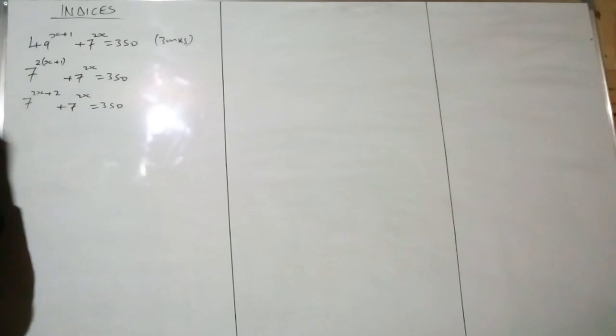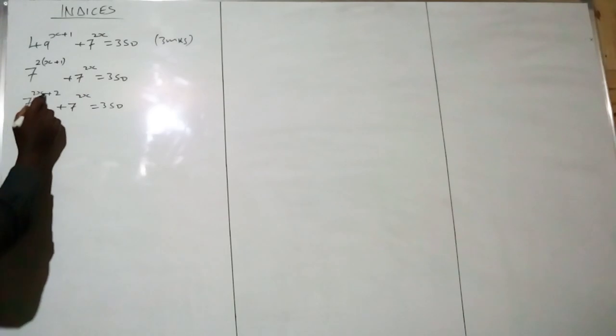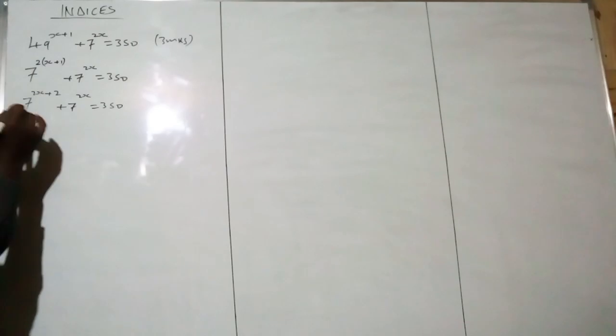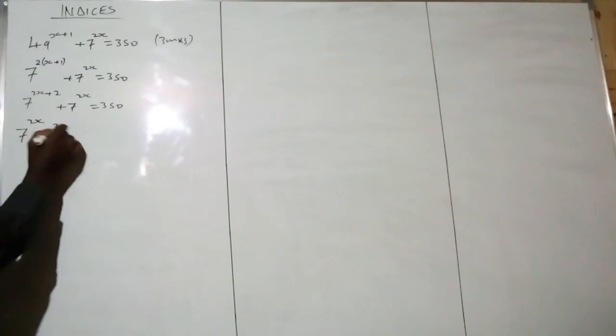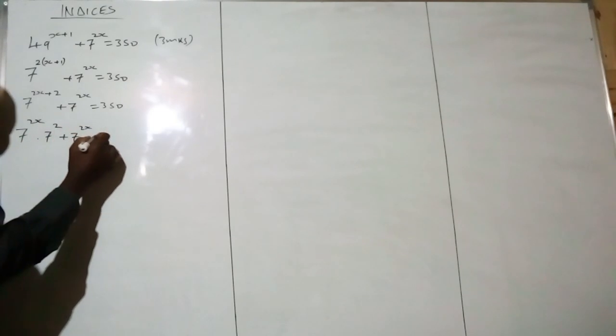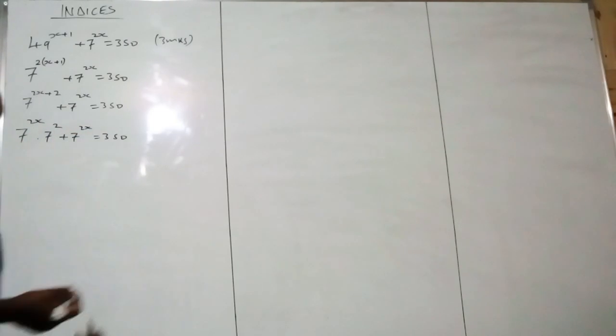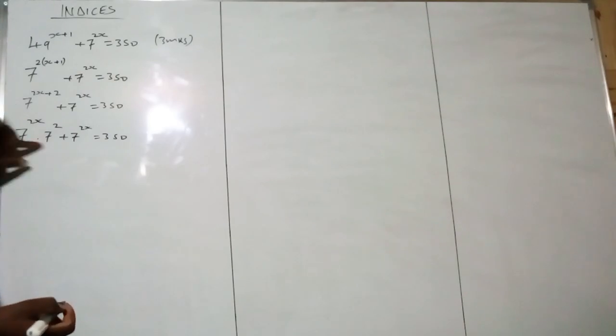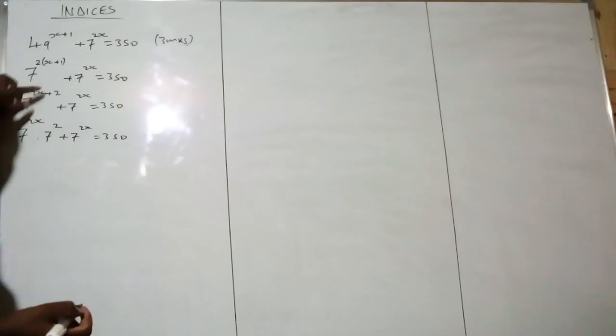This 7 is power 2x plus 2 is the same as 7 is power 2x dot 7 raised power 2. Dot means times. In indices, 7 raised power 2x is equals to 350. So that if you wanted to turn the way it was here, you can pick a single base under the row of indices, then you add the powers to be 2x plus 2 due to multiplication here.